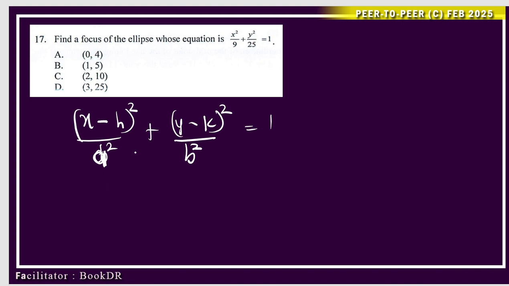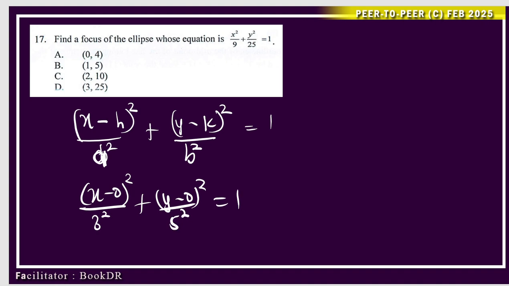So rewriting this in that form, you can write this as (x minus 0) all squared over 3 squared, plus (y minus 0) all squared over 5 squared is equal to 1.